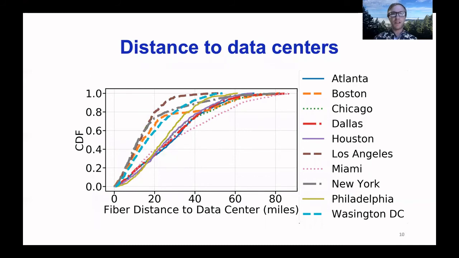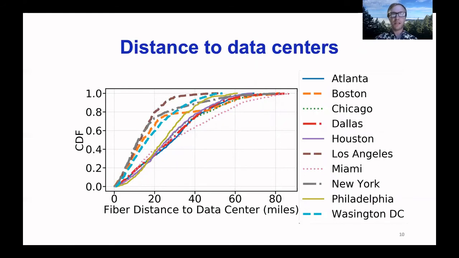Finally, we also conducted this data center study to see how many or how close the data centers are to the fiber infrastructure, or how close any given area in a metropolitan statistical area is to a data center. To do this, we utilized that hexagonal grid from the previous slide.